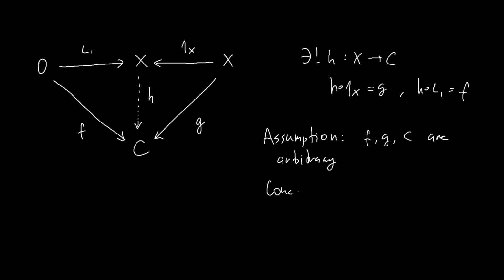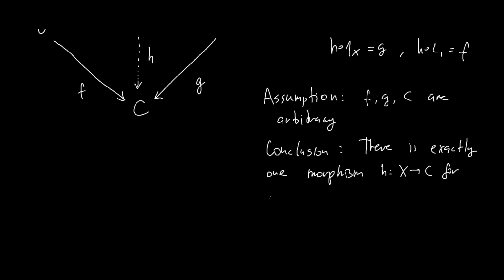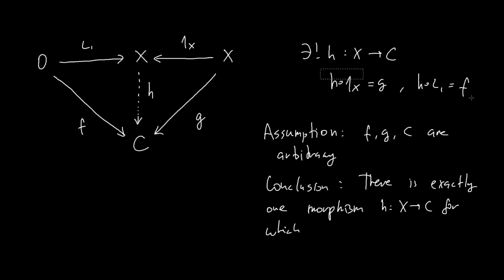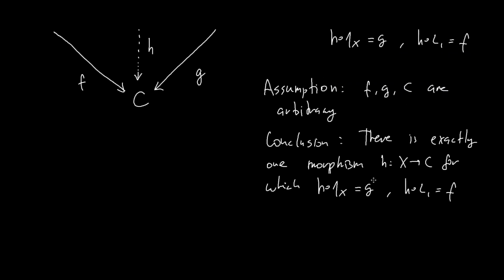And the conclusion we're looking for is that there is exactly one morphism H from X to C for which those two equalities will hold. So among all the H's from X to C, there could be many of them. There's only one, and there is one indeed, that fulfills these two equalities.